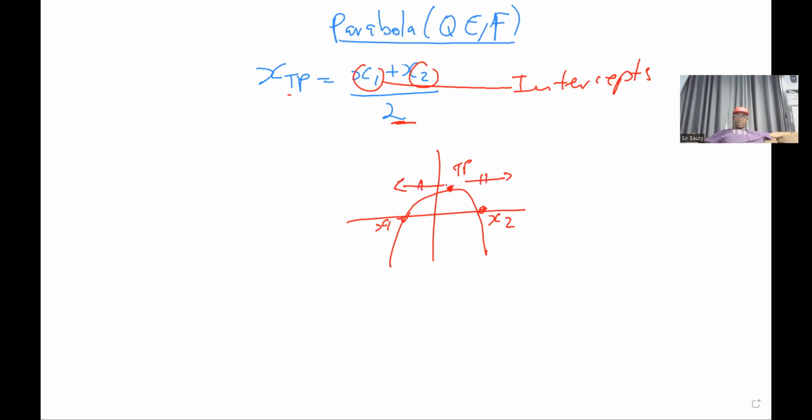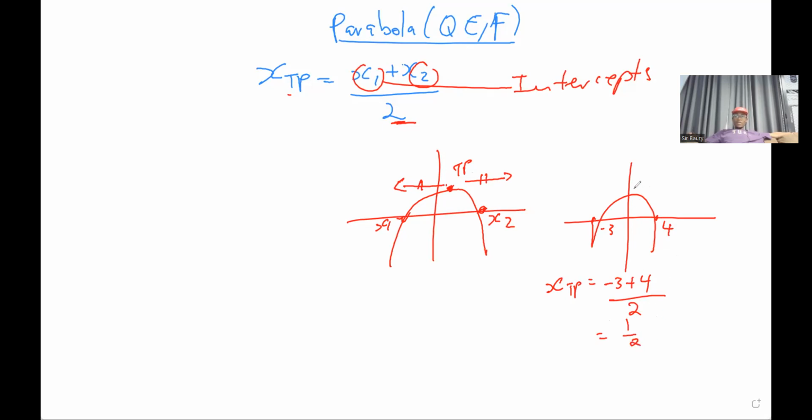Understand? So if I have a function, let's say I have -3, then I have 4, for me to get x at the turning point, it's going to be -3 plus 4 all over 2, which is equal to a half.